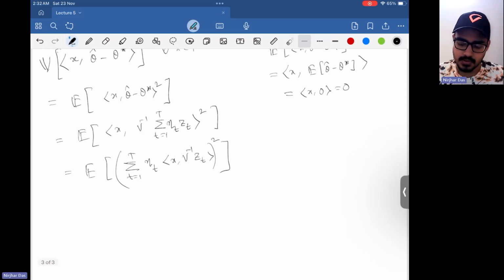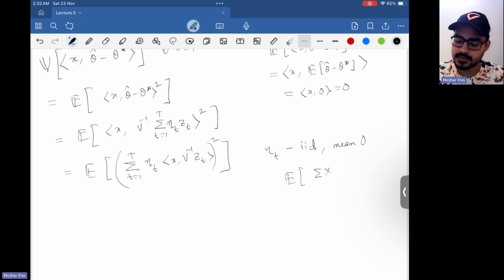And now note that these eta t's are IID, and mean 0. So what happens to the expectation of such mean 0 IID random variables?